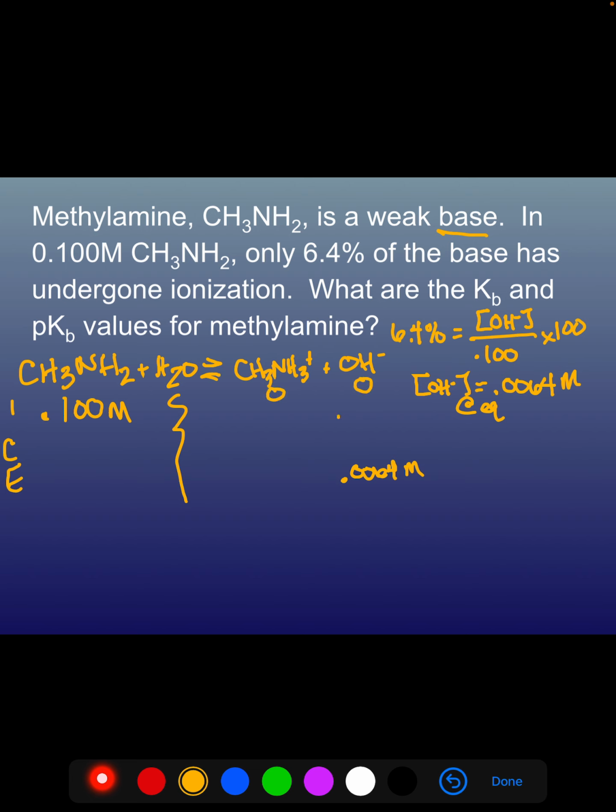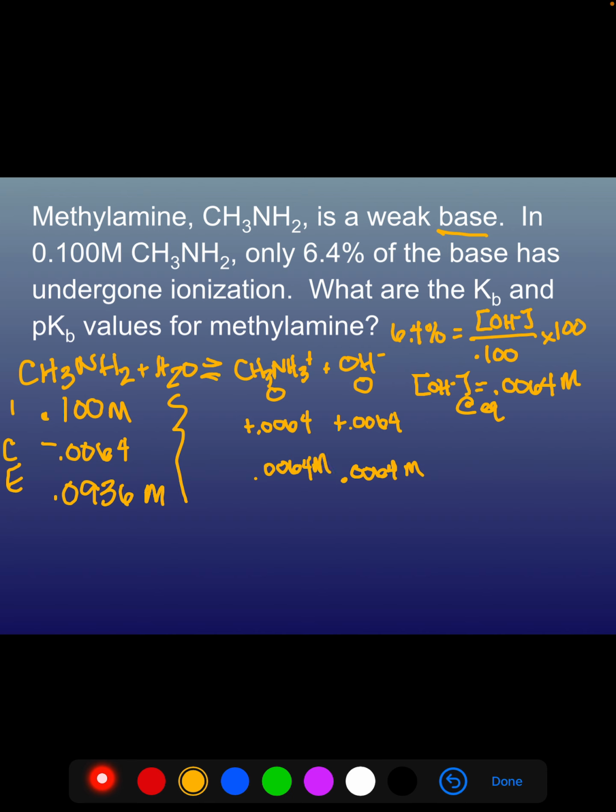So hydroxide increased by 0.0064, which means the methylammonium ion that it changed into would also increase by 0.0064. And our reactant would decrease by 0.0064. So that would end up being 0.0936. And yet again, I don't want to round until the very end because it can skew our answer.